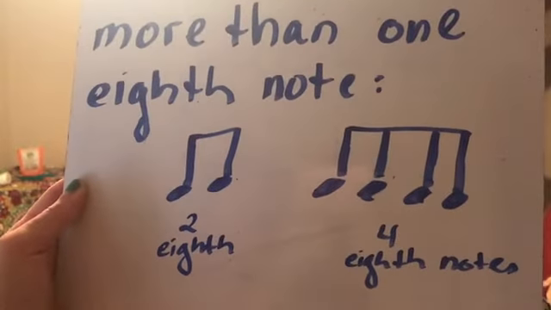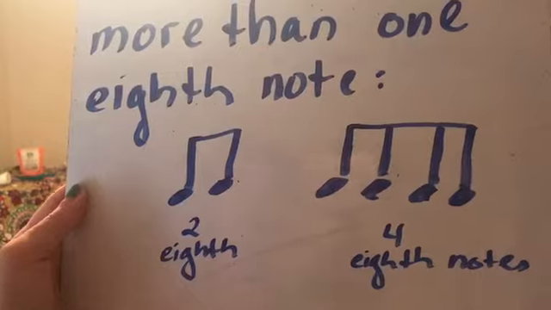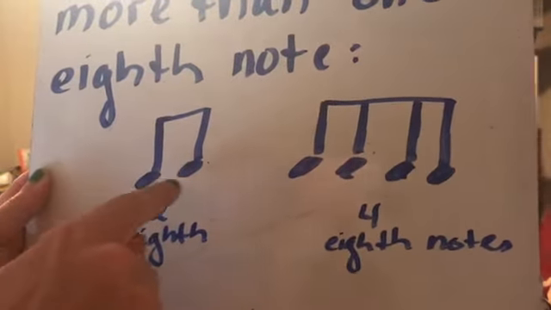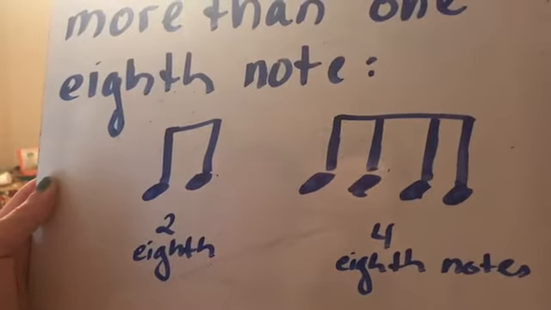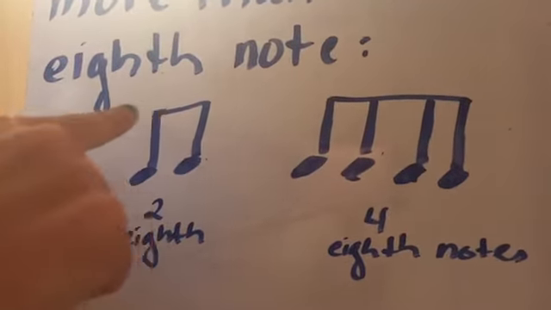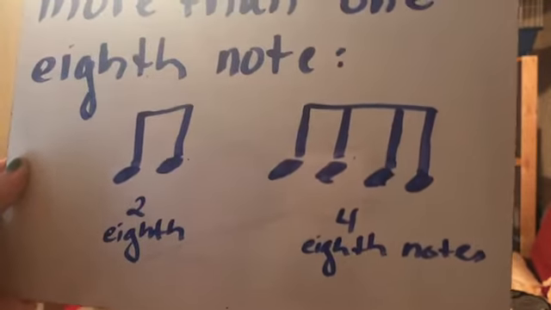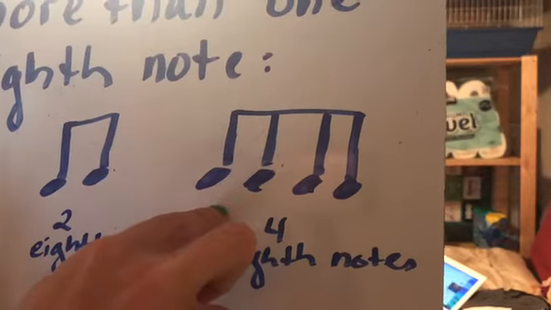On the screen there is an example of 2 8th notes beamed together and 4 8th notes beamed together. So each one of the dots represents 1 8th note, but I'm just grouping them together. So here we have 2 separate 8th notes, and here we have 4 separate 8th notes.